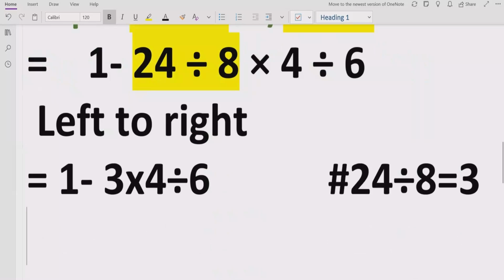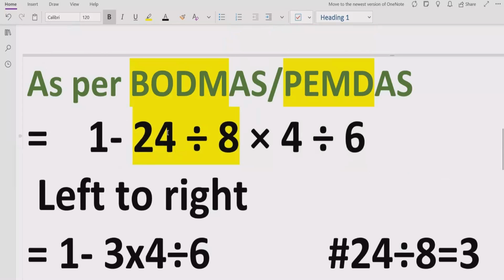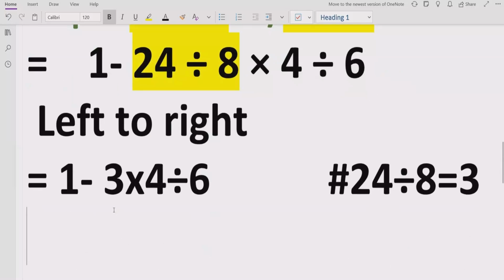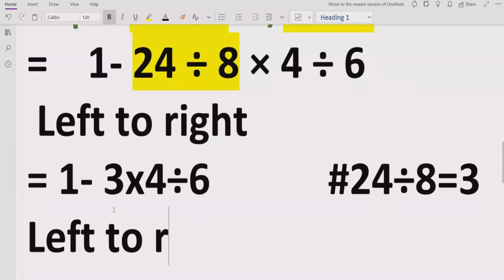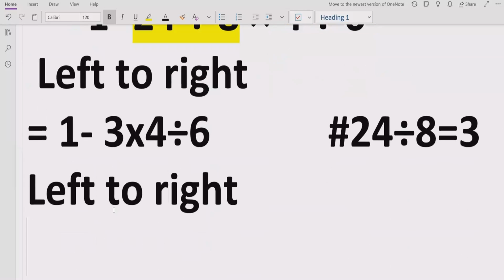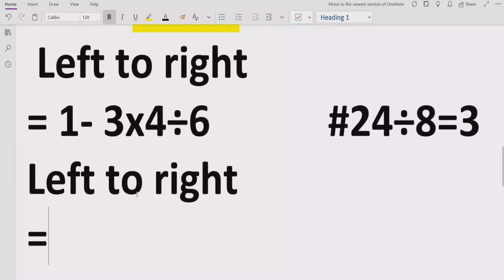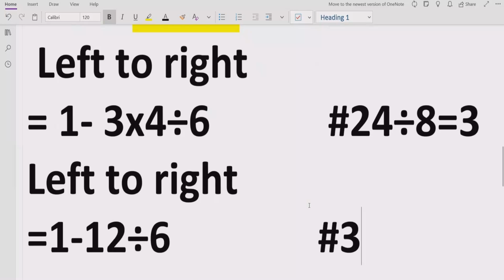Now move forward. Again, we have to repeat this step until we have solved all the division and multiplication. This time we have 1 minus 3 multiplied by 4, which equals 12, and divided by 6. And here we give the reference: 3 multiplied by 4 equals 12.